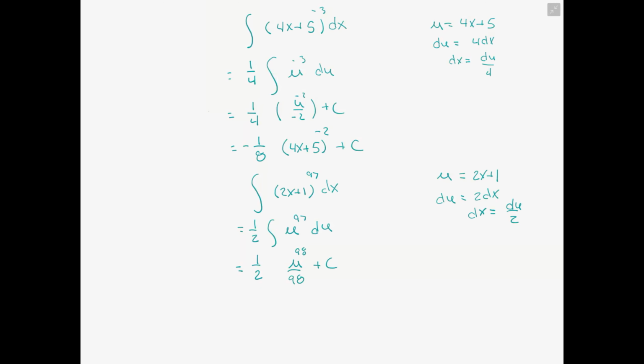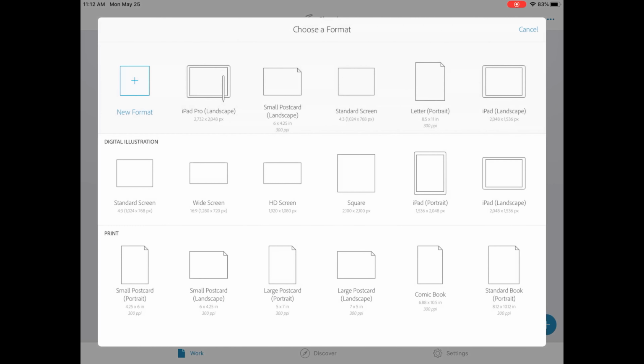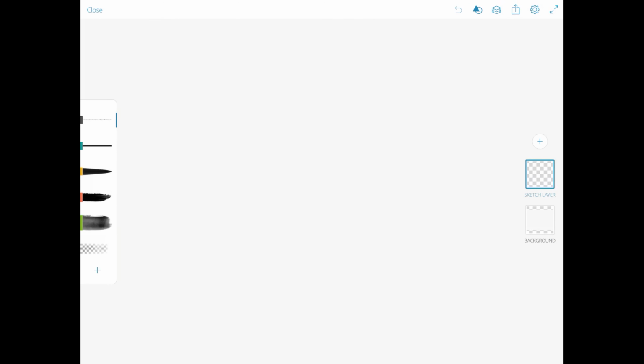So we have 1/2 u to the 97th power du, and this is 1/2 u to the 98th power over 98 plus c, and that's 1/196, and this is (2x plus 1) to the 98th plus c.